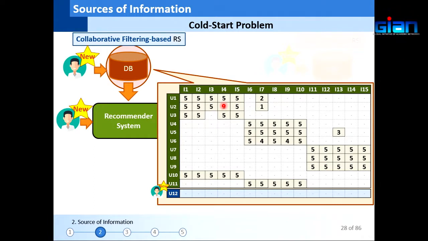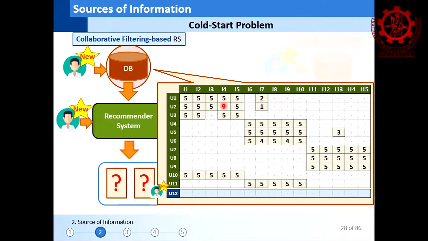So what kind of recommendations can we provide to the user U12? Well, we cannot provide any recommendations because we don't know the taste of the user. So it's impossible for the system to provide personalized recommendations to this user.